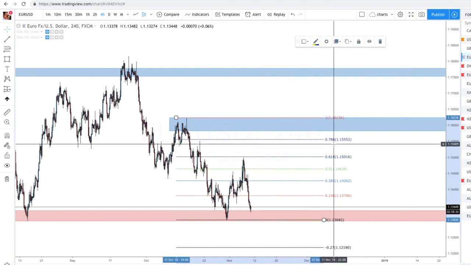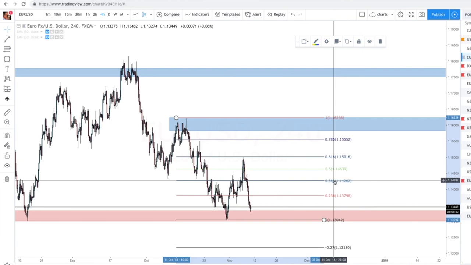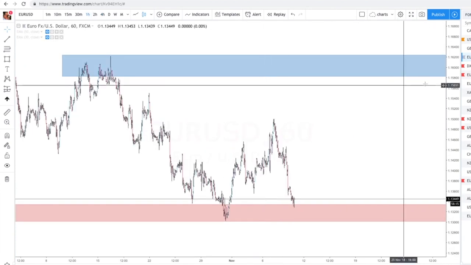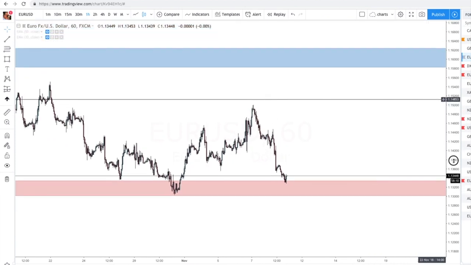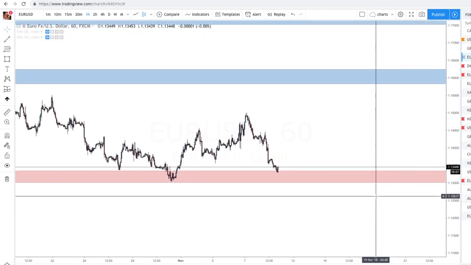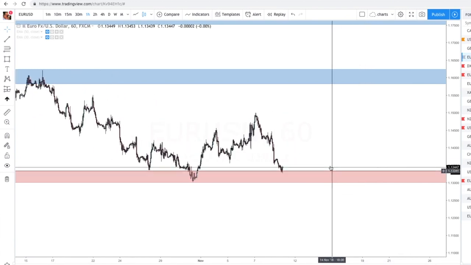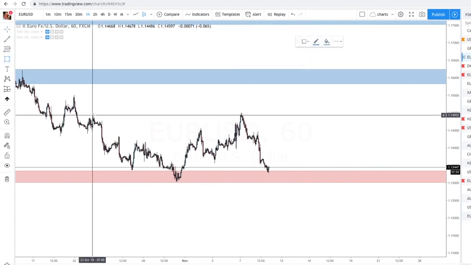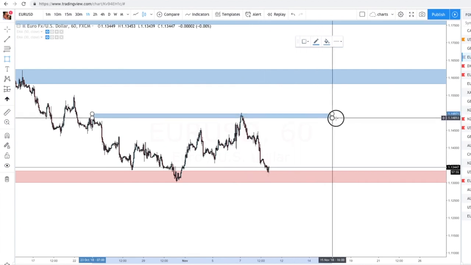So when you watch the fib video, I explain how the 61.8 and the 38.2 are perfect for reversals. So when we mark our 1 hour zones, we get a nice rejection right here, which should respect the 61.8.